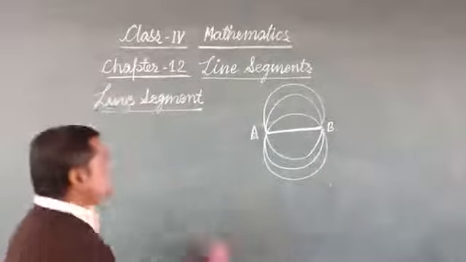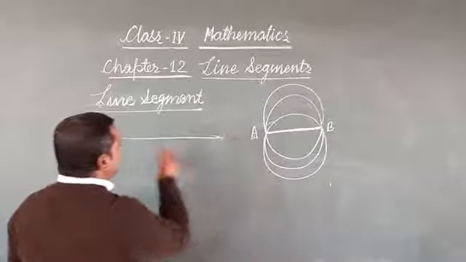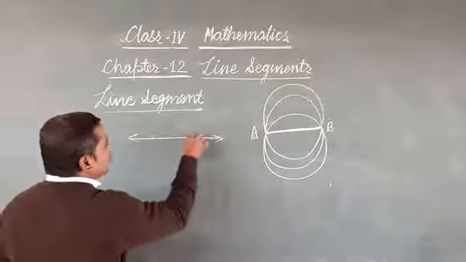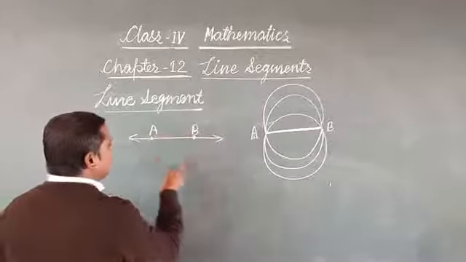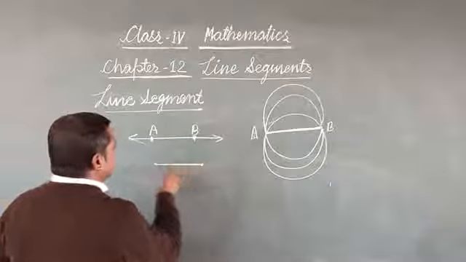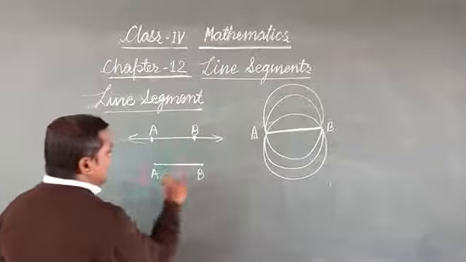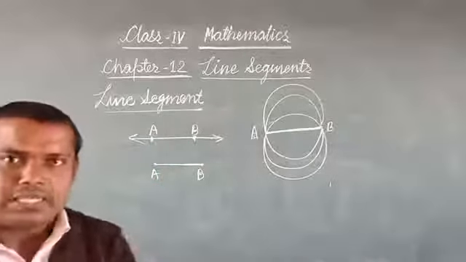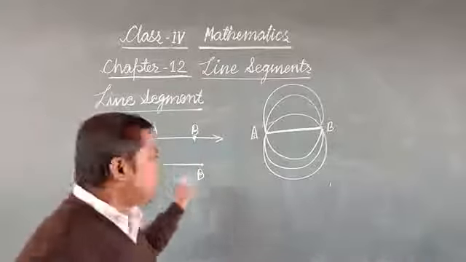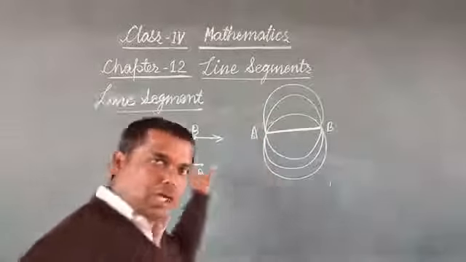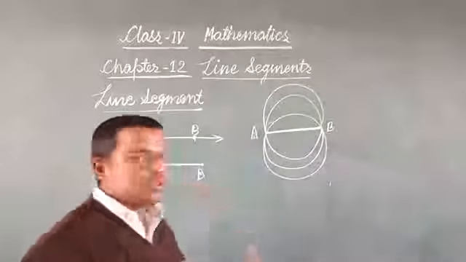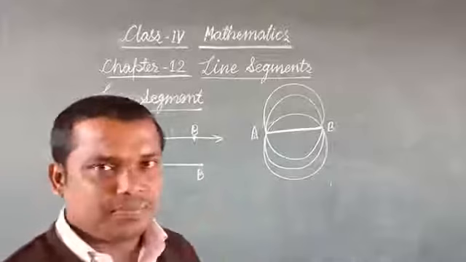Or another case you see, if we have a line, we can take 2 points on it, A, B. Suppose here I am taking A to B. Then AB is a line segment. It has 2 end points. AB is a part of line and it has 2 end points.